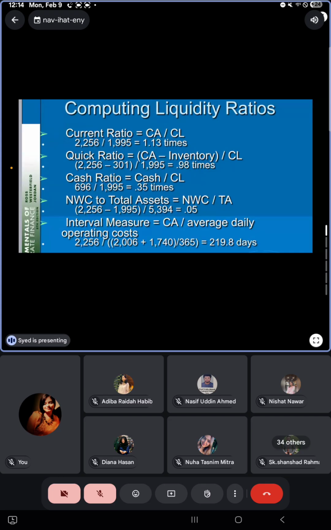The cash ratio of 0.35 times implies that for paying each $1 of current liability, the company holds 35 cents of cash. So for every $1 of current liability, the company has 35 cents of cash. That is what it means by cash ratio.